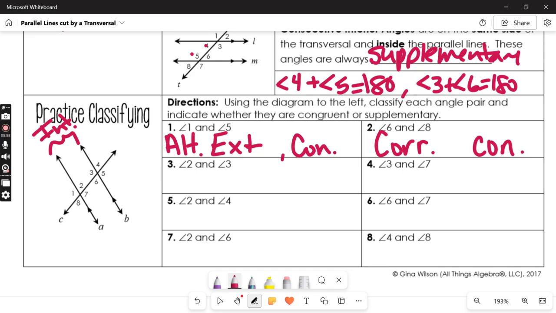Angle 2 and angle 3 are consecutive interior angles, and that makes them supplementary.